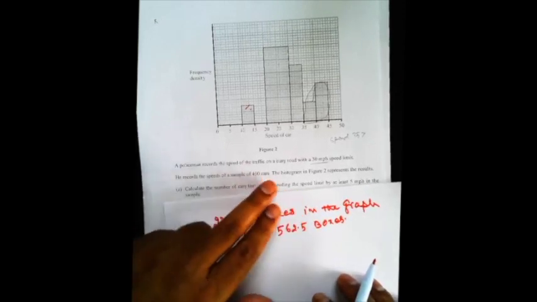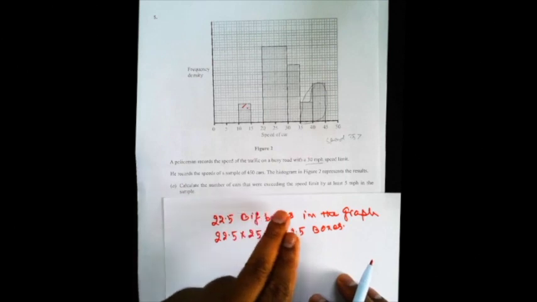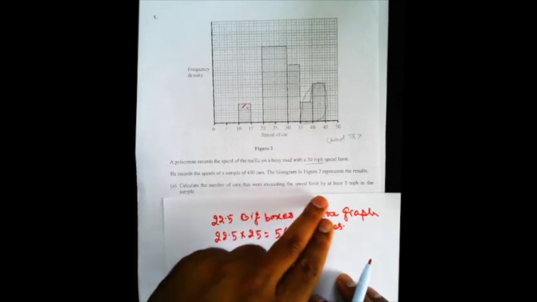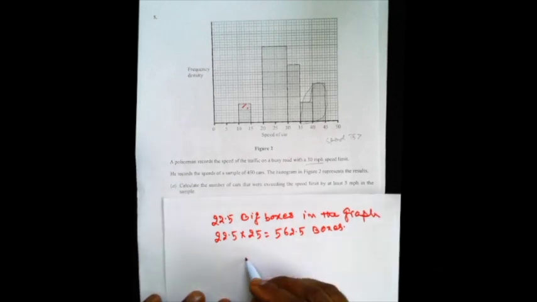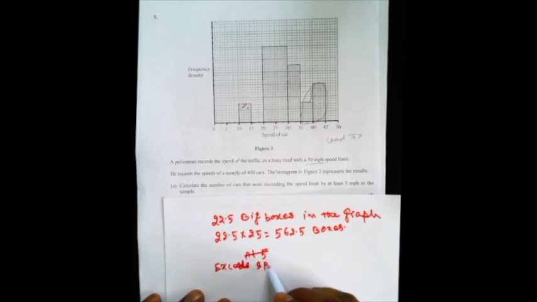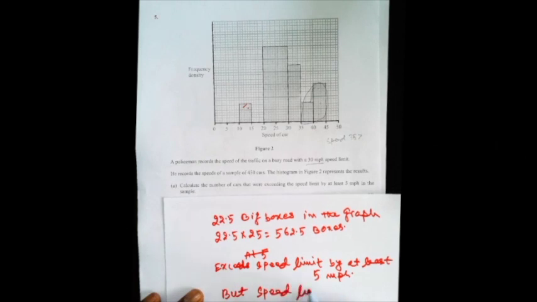So now let's see the speed limits. In question A, calculate the number of cars that were exceeding the speed limit by at least 5 miles per hour. But you can see that the speed limit in this case is 30 miles per hour.